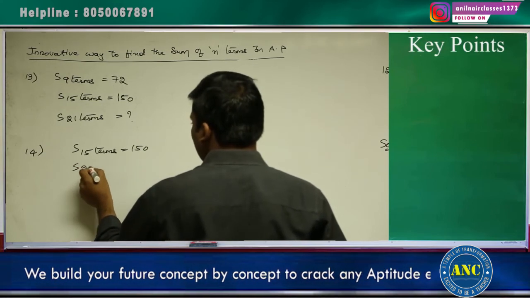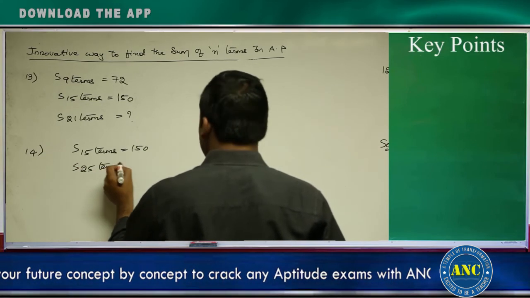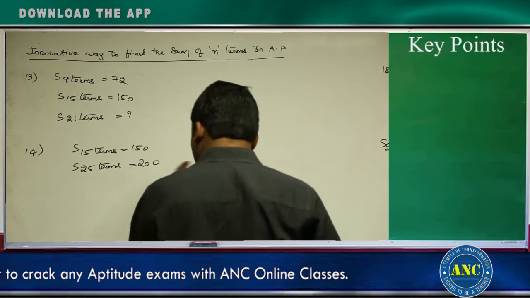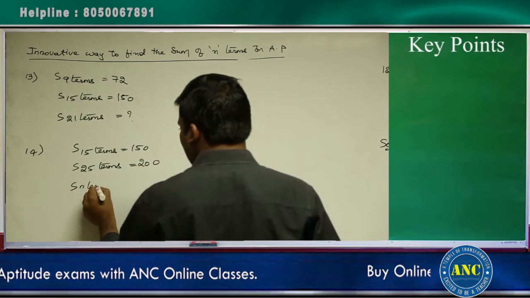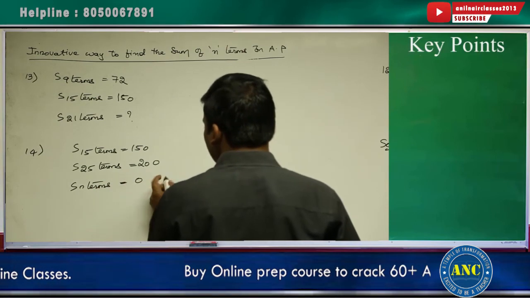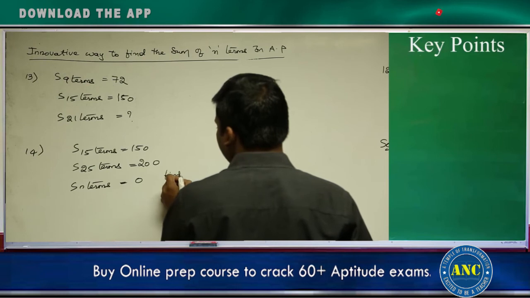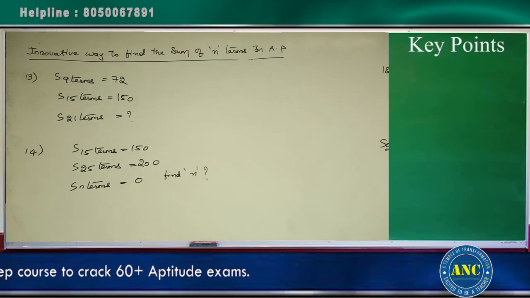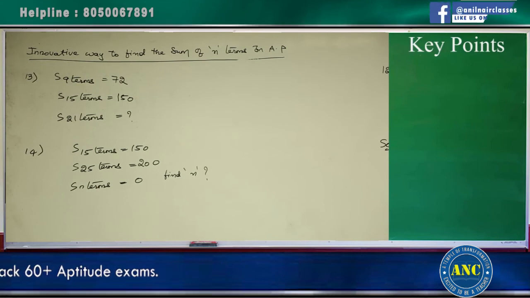Sum of 25 terms is 200. Sum of n terms is 0. Find n.